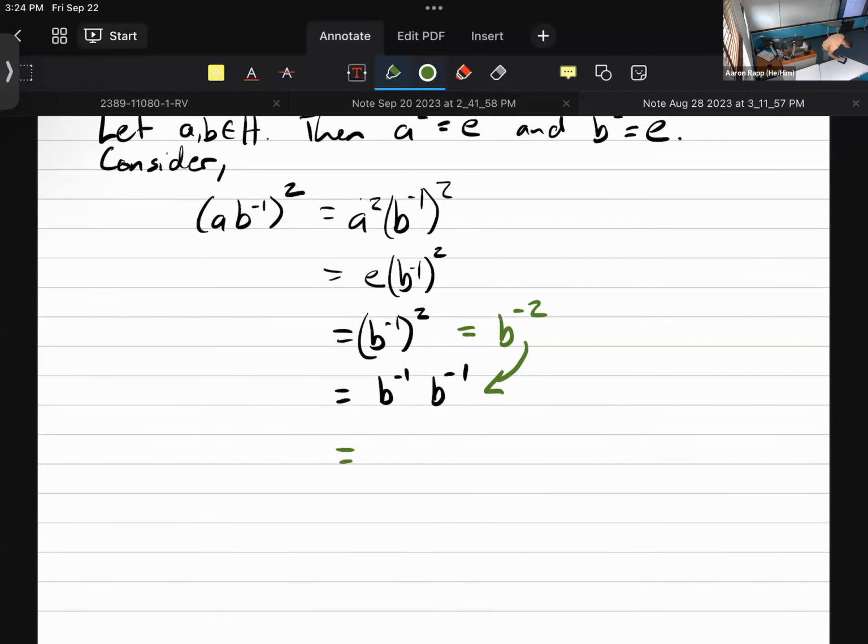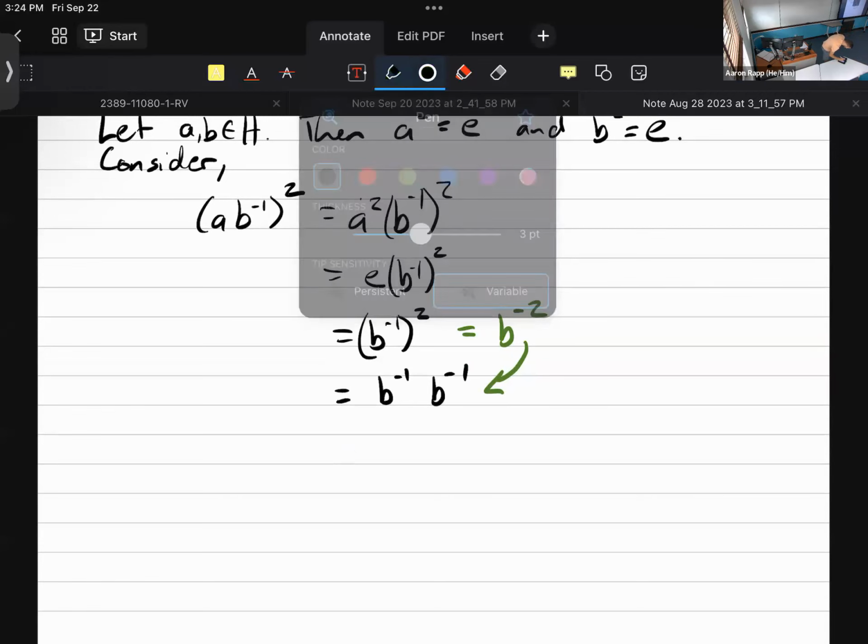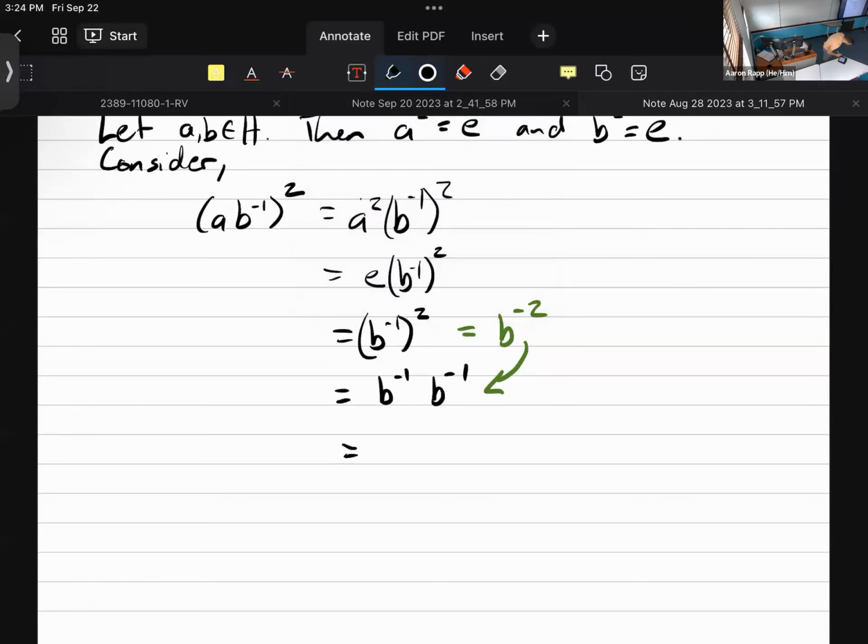Isn't it like E equals B times something? I don't know. I'm focusing too much on the exponents, which is what I expect to do. I want you to remember one of our important properties for groups, whether it's an abelian or just a standard group.